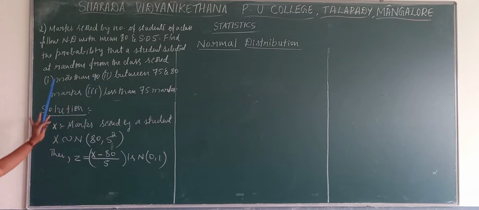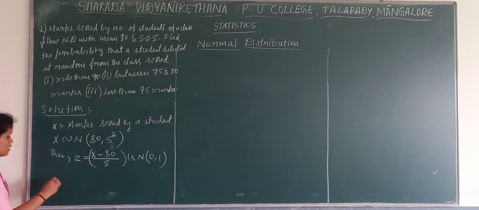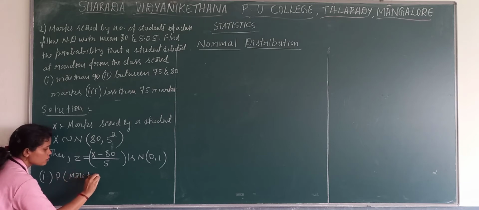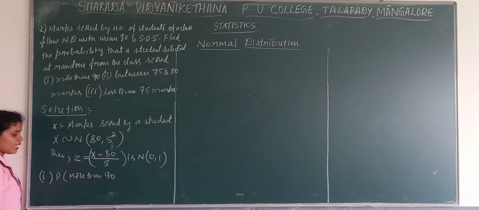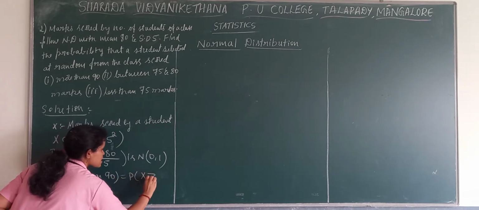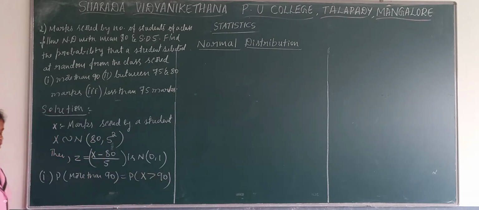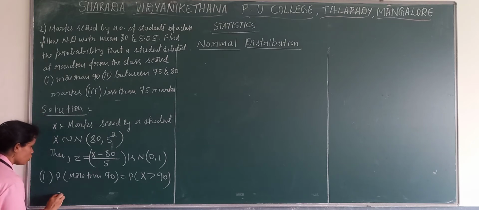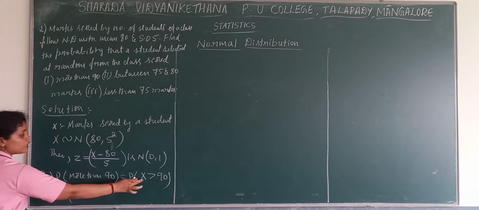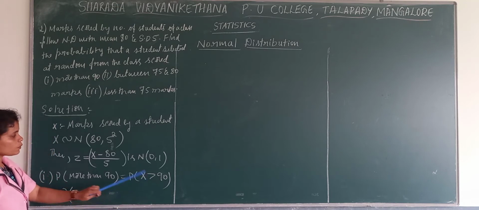Now come to the first question. What is the first question? More than 90. Symbolically, P of X greater than 90. Now, this is equal to P of, in the place of X what do we substitute?